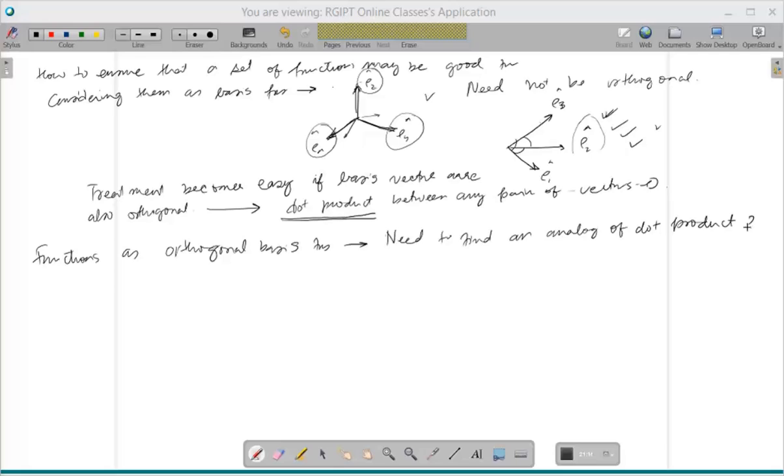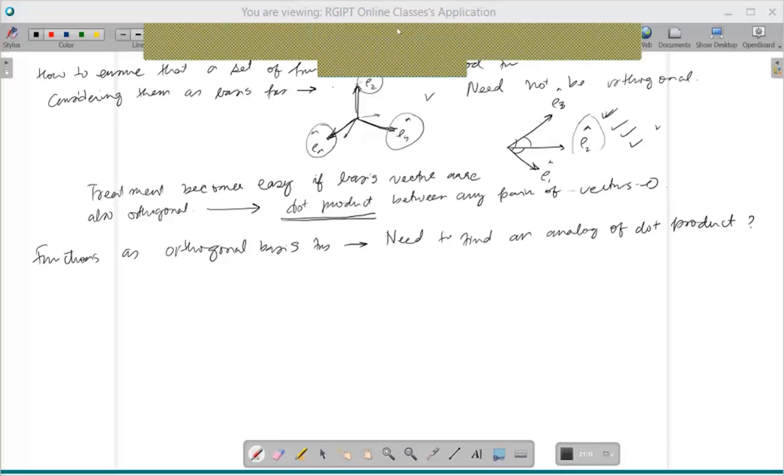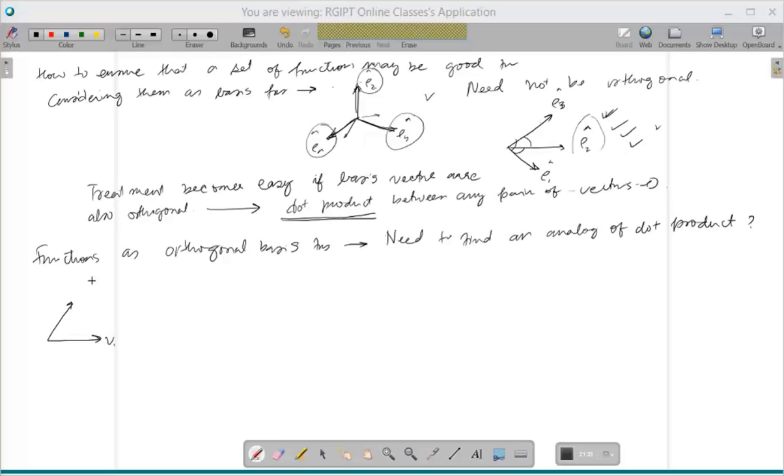Can anyone think of something? Let's look at physically what dot product means. You have vectors v1 and v2. Physically, it's a kind of overlap, or shadow of one vector onto the other vector.